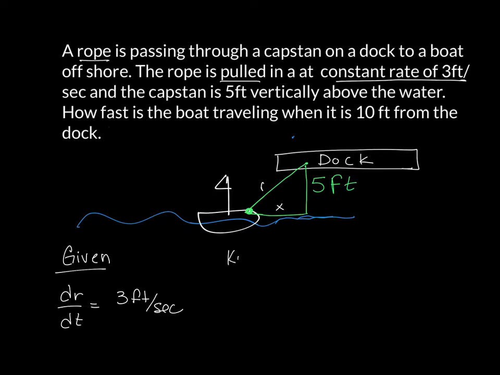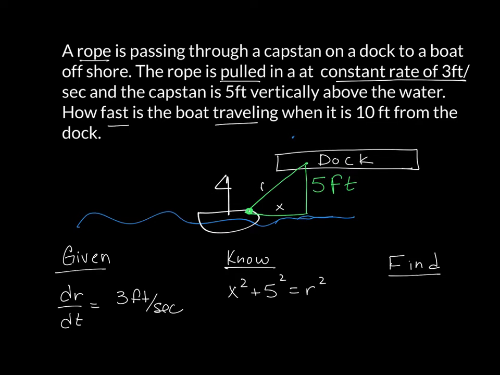What is our known information here? That's going to be the Pythagorean theorem: x squared plus 5 squared is equal to r squared. And our last piece that I always talk about is what are we trying to find? We want to find how fast the boat is traveling.